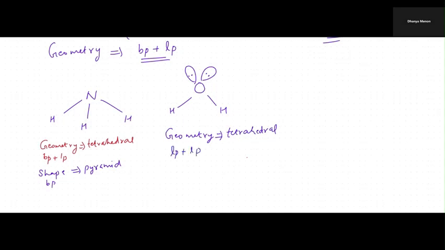But in case of shape, it depends upon only the bond pair, so we need to ignore the lone pair. Now, what shape is this one? We call the shape bent shape or angular shape or V shape also.